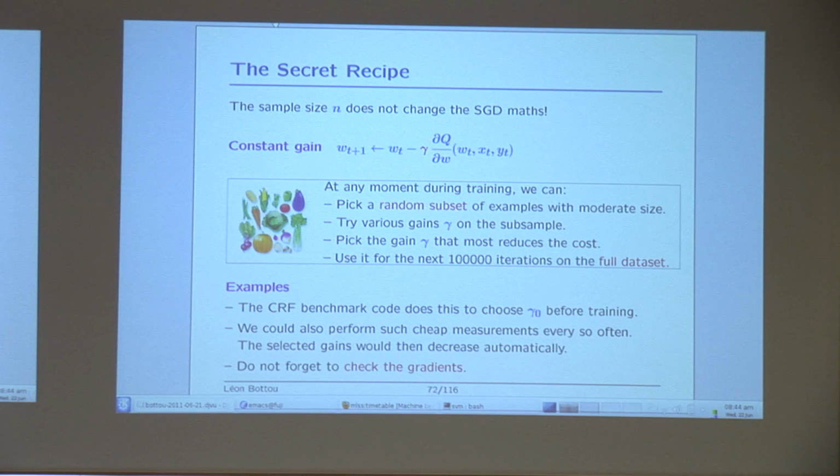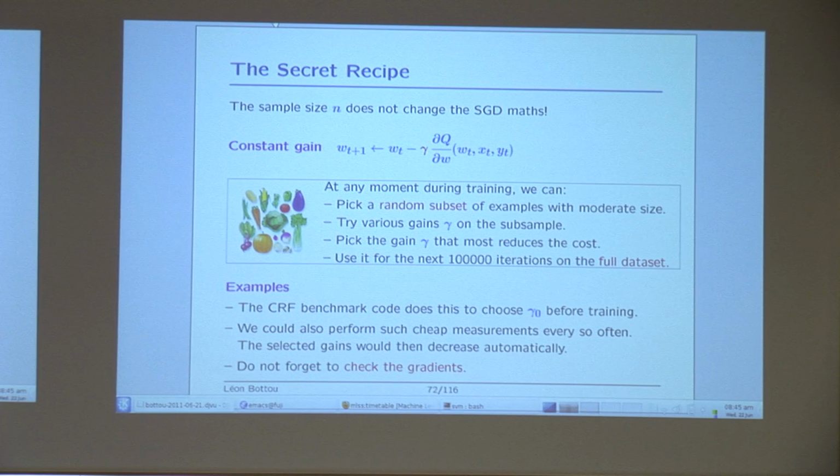So you can choose a constant gain, and you pick a random subset of your data, small but large enough to have something representative, and you try things. You try various gammas to see how it starts, and you choose one that reduces the cost nicely and robustly. And you use it for the next 100,000 iterations.